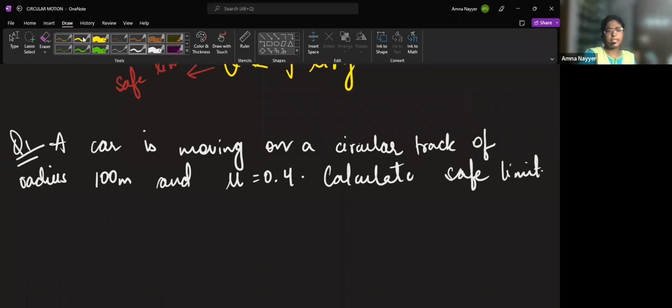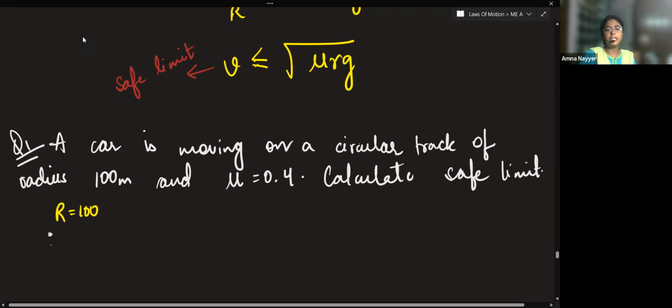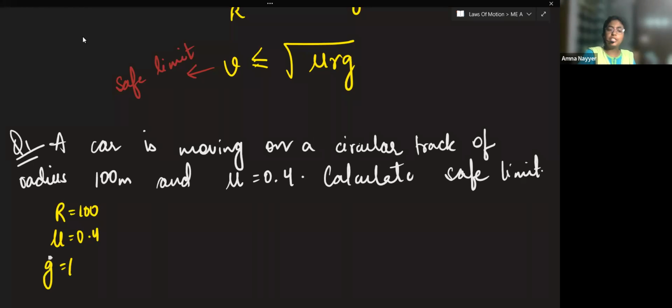A car is moving on a circular track. The radius of the track is 100 meters and the coefficient of friction is 0.4. G we'll take as 10 only.